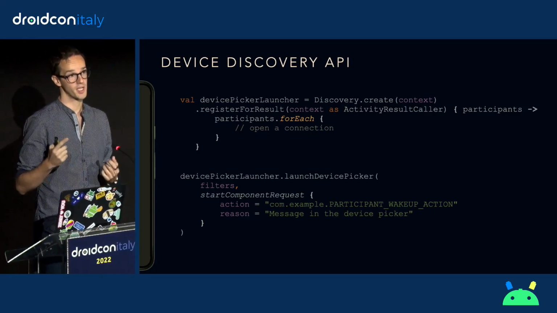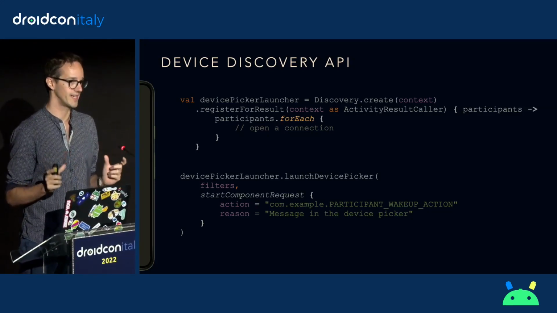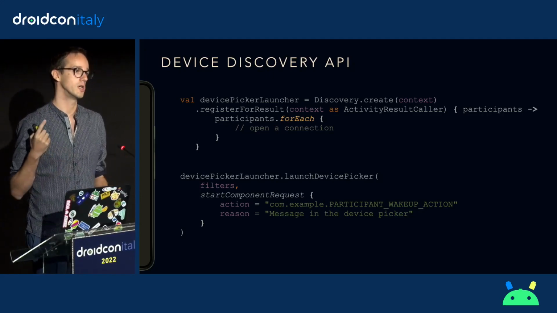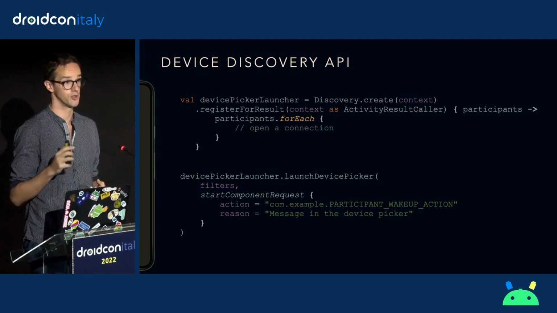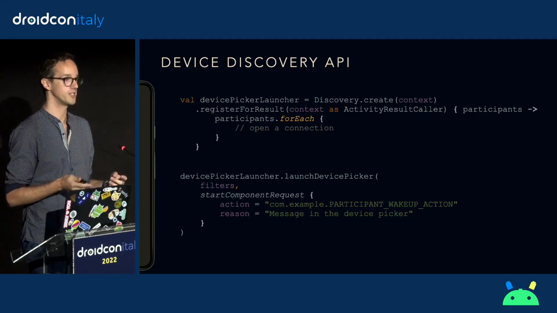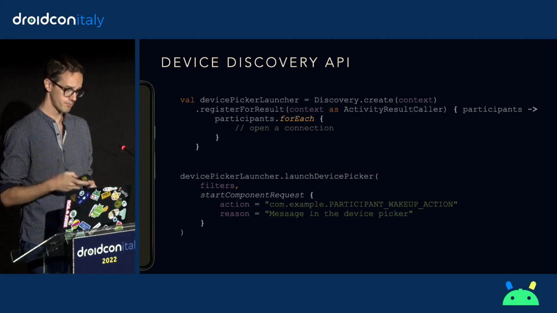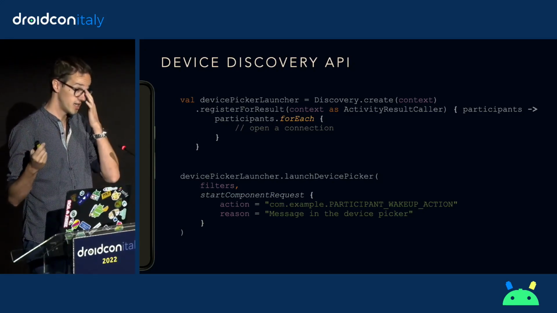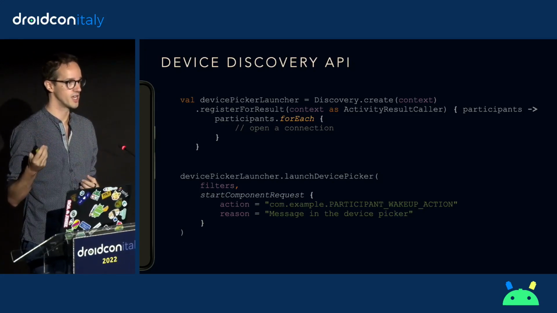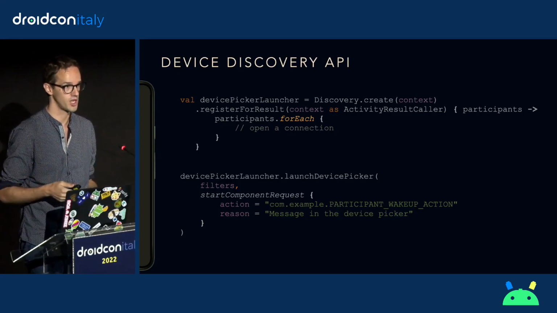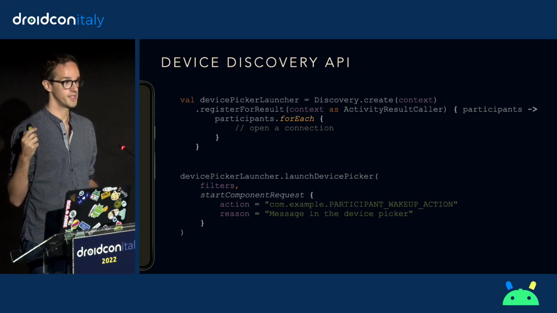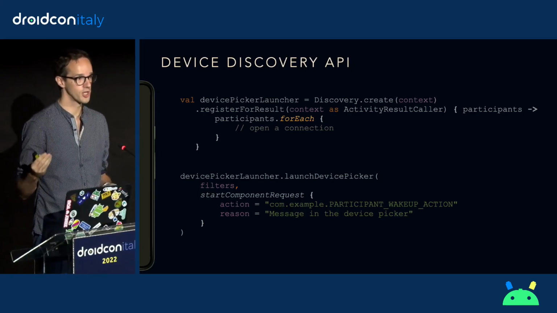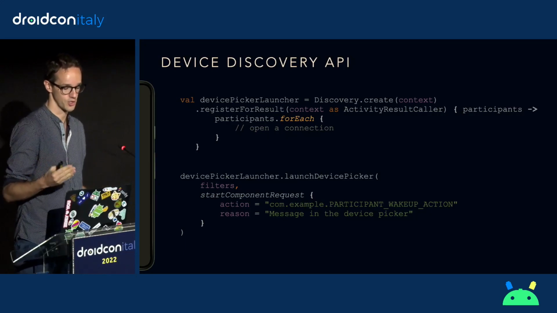At the moment, the application needs to be installed on both devices to work. But in the future, Google is going to integrate it with the Play Store so that if the application is not installed and it's available on the Play Store, a pop-up or a notification, still not clear, can be triggered on the secondary device to inform the user to install the app and continue the session there.